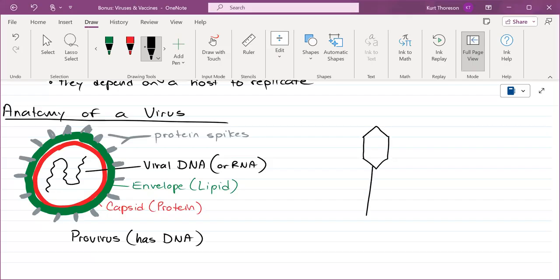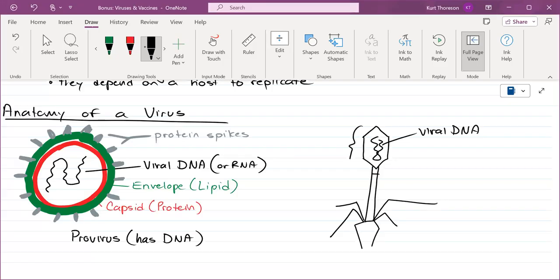It looks like a spaceship. There's the viral DNA. Here's the head. Here's the neck. Here's the tail. And these little leg-like structures grasp the host cell.